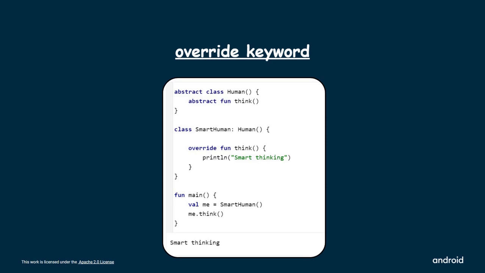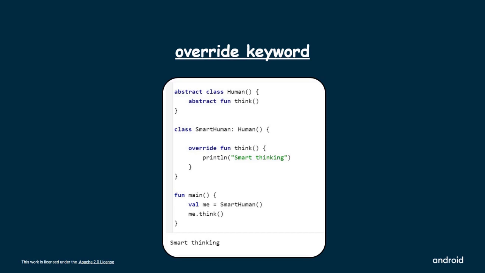In this, the human class is an example of an abstract class, and here the smart human class extends the abstract class human. Because smart human class extends an abstract class, it has to override its abstract function think, which is done by using the override keyword. Overriding the function means redefining the function in the derived class which is already defined in the base class.